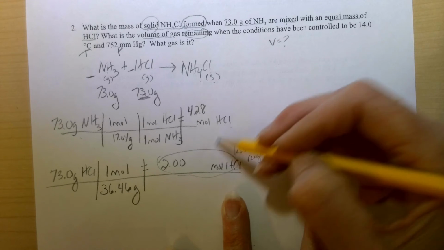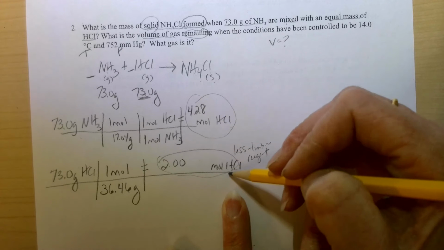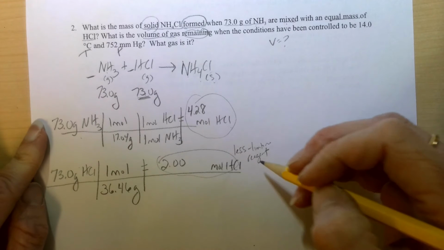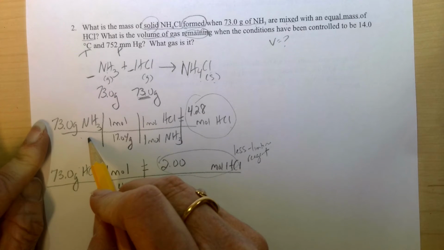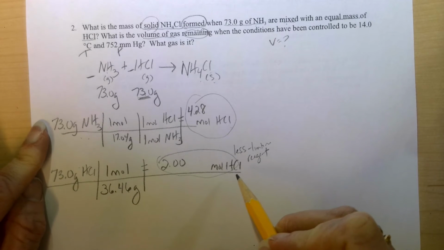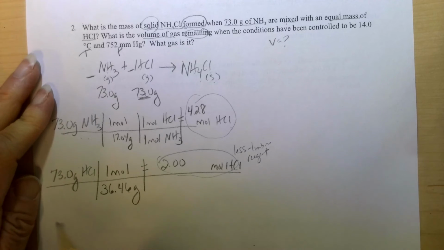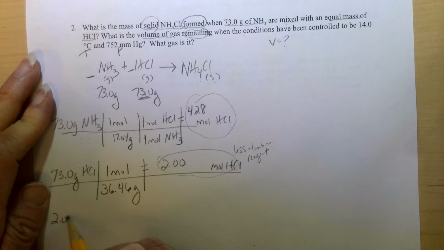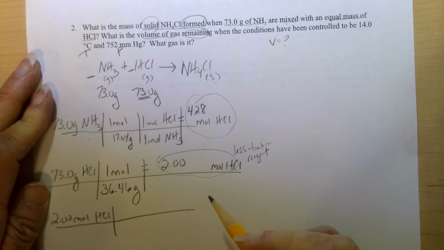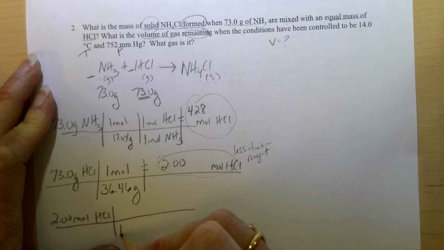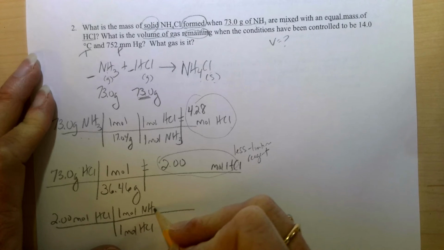So I'm not going to use up all 4.28 moles of HCl because I don't have that. So then what I need to figure out is how many grams of NH3 I have left. So I'm going to start with my 2 moles of HCl, and I am going to figure out how many grams of NH3 I have left. So there's 1 mole of HCl for every 1 mole of NH3.